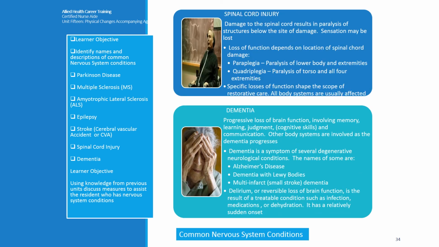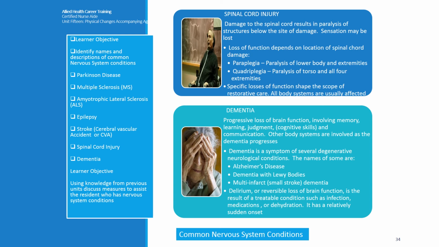So we can have people with spinal cord injuries. The damage to the spinal cord will result in paralysis of structures below the site of damage. Now, the spinal cord, just like the brain, cannot regenerate. If the spinal cord is damaged but not completely, say it's bruised or injured but not severed or not had a complete lack of blood flow, sometimes those symptoms will resolve themselves with time, and you can give medications to help that as well.